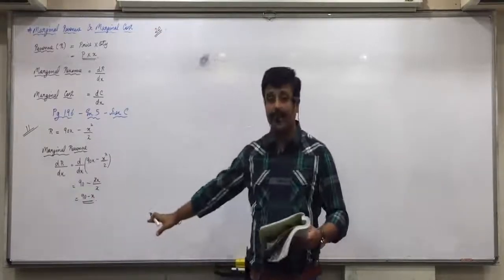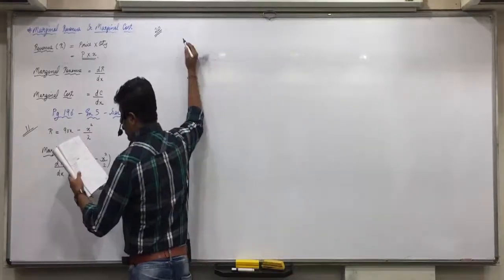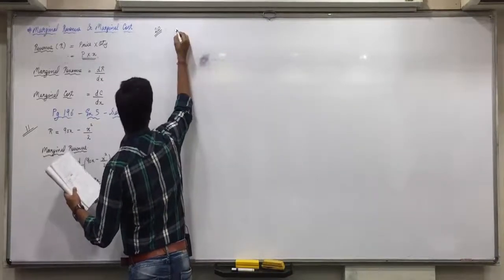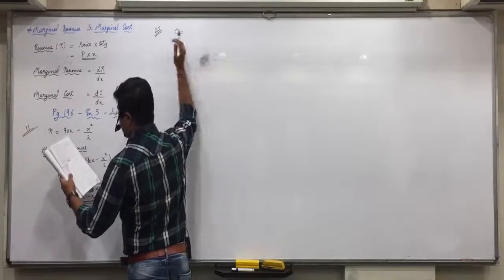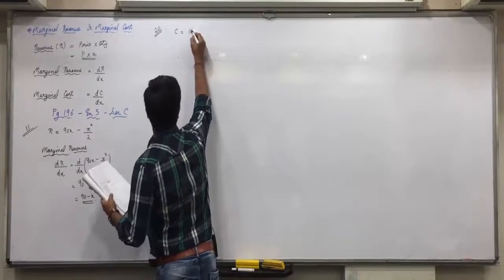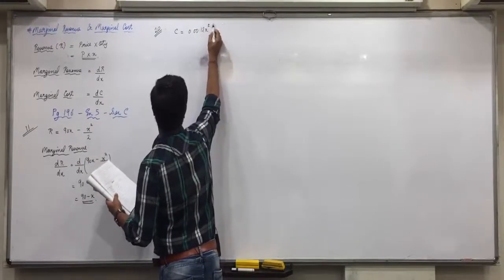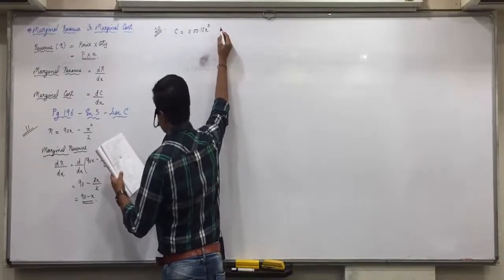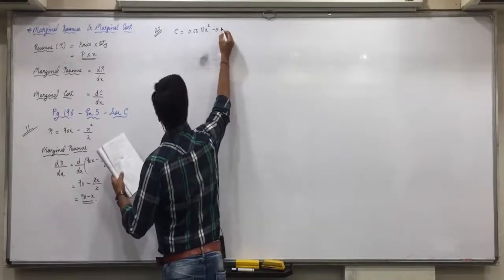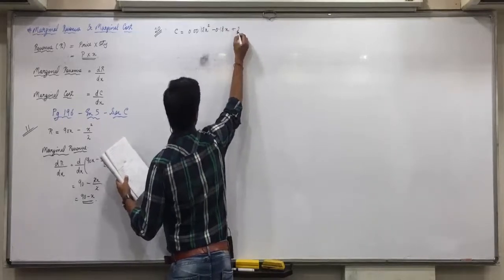Question number 20. Anyone still doing 11? Obtain marginal cost if the production cost function is C, because again the cost function, as I said, will always be directly given. C equals 0.0012 x square minus 0.18 x plus 25.